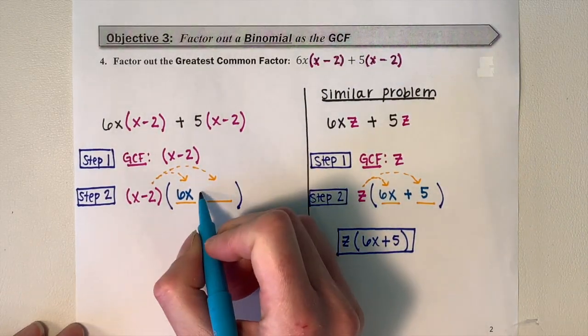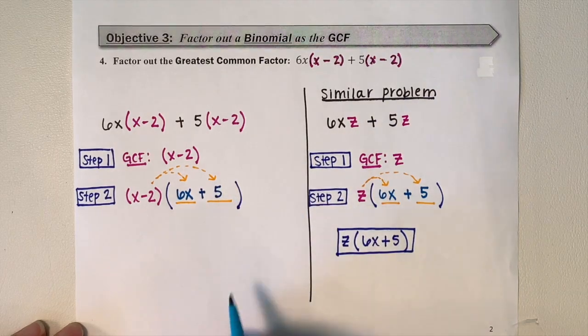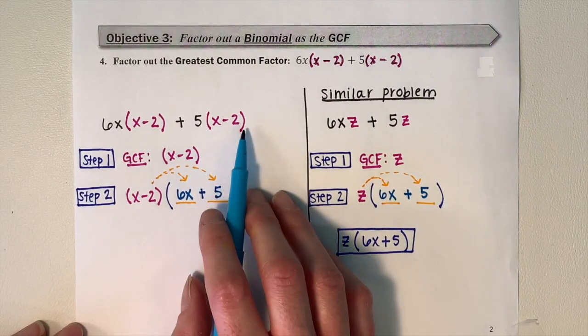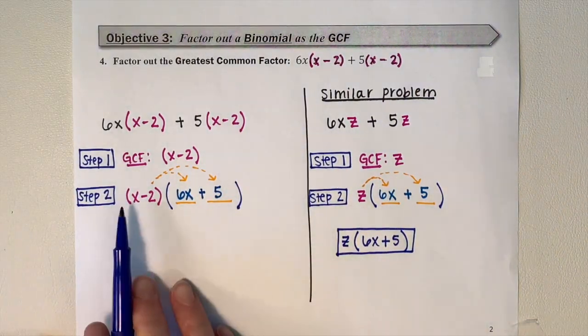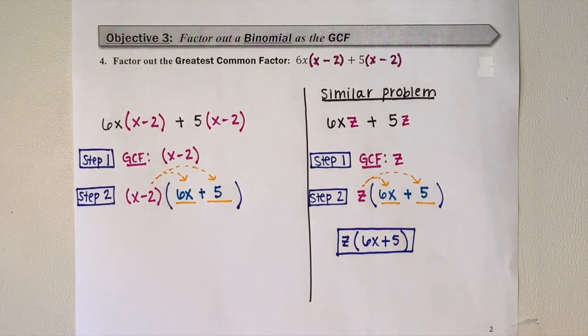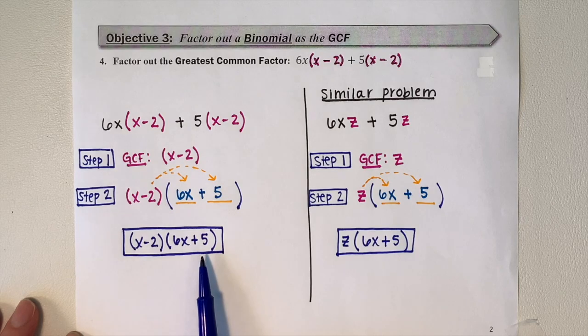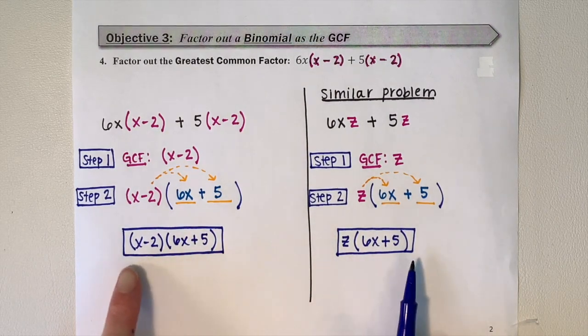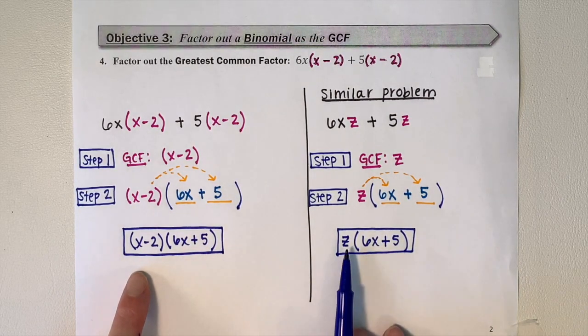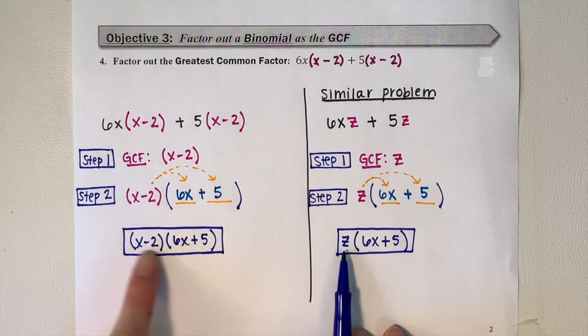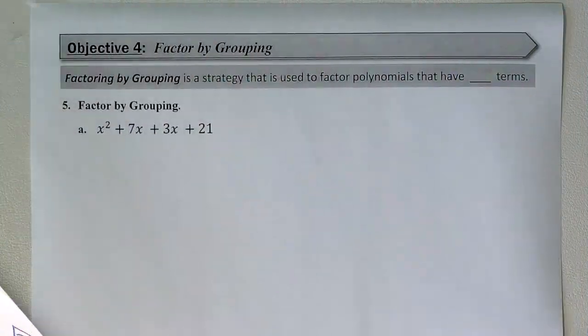Well, x minus 2 times a positive 5 would give us a positive 5 times x minus 2. So we've successfully factored out our GCF. And again, I've just copied our exact answer right here to show our final answer. Notice these final answers are identical. The only difference is that here we have a z, and here instead of a z, we have x minus 2. Next, we're going to learn how to factor by grouping.